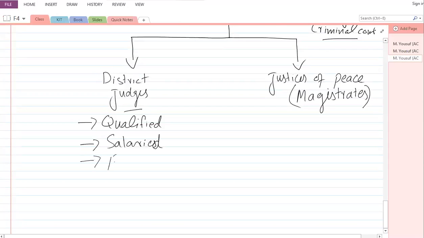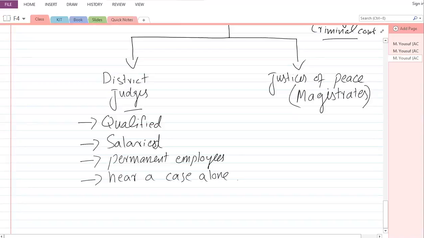They are the permanent employees of the court. They can hear a case alone because they are fully qualified. They know every aspect of the law, so they can hear a case alone.